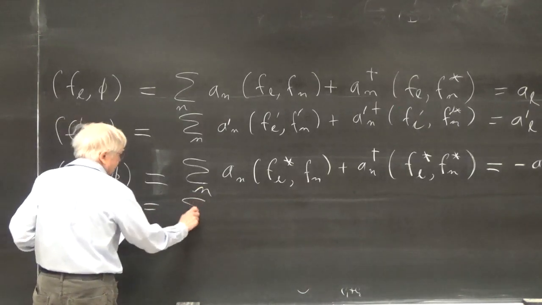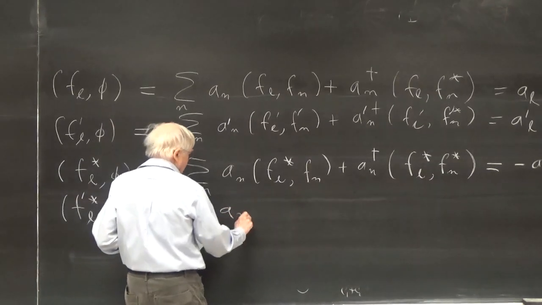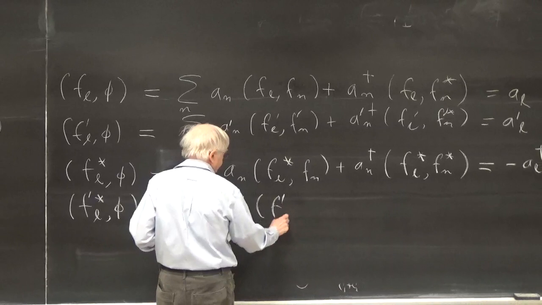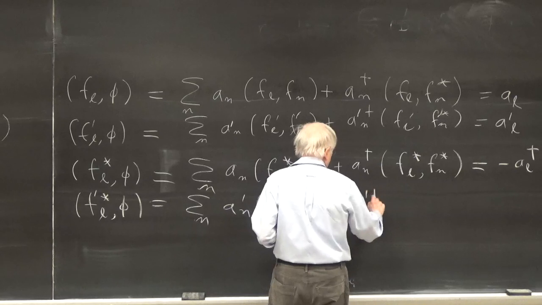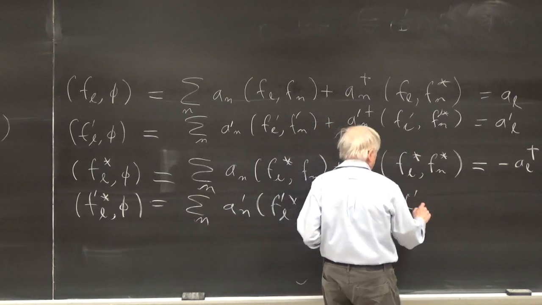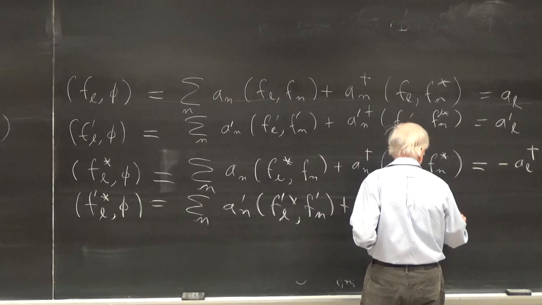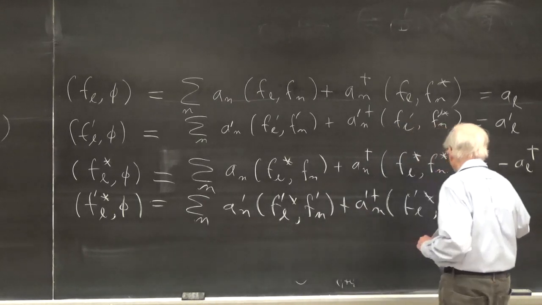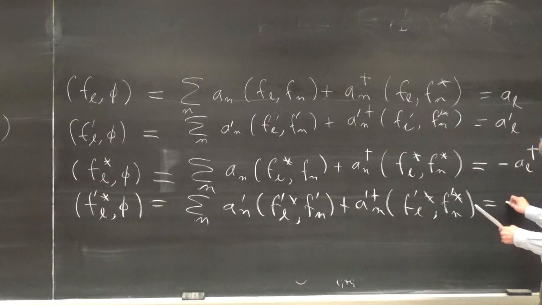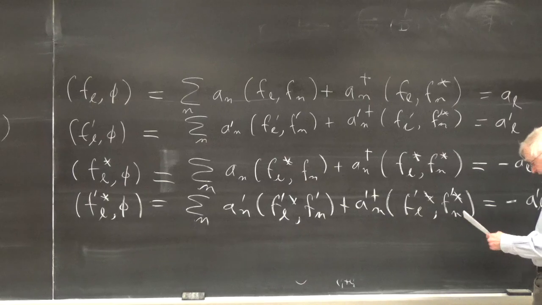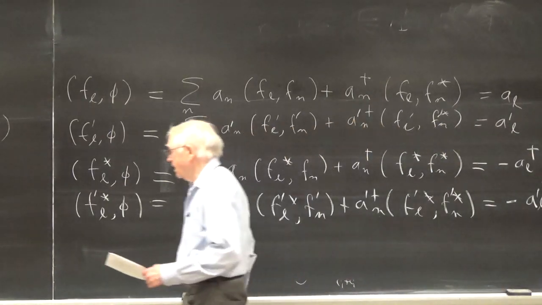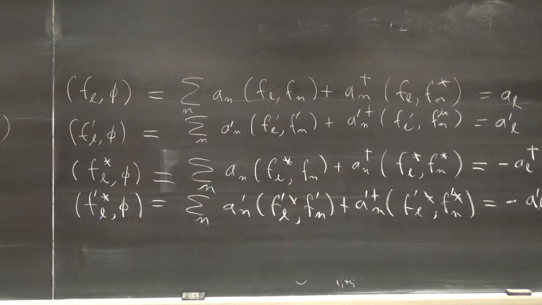If we expand phi in terms of the primed operators, and this last one gives us minus A prime L dagger, because the product of two primes just gives us a minus sign.